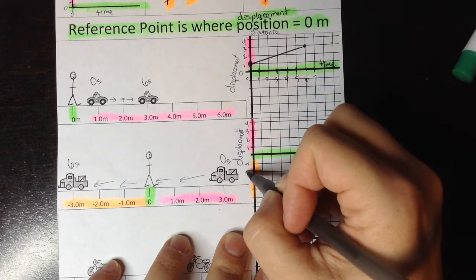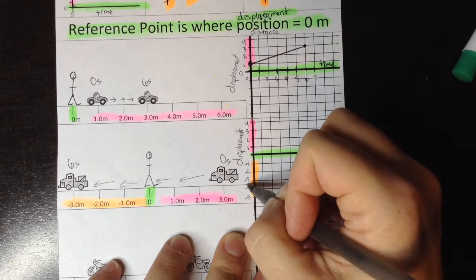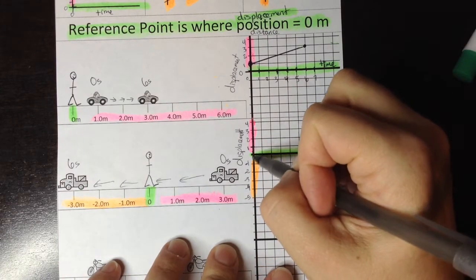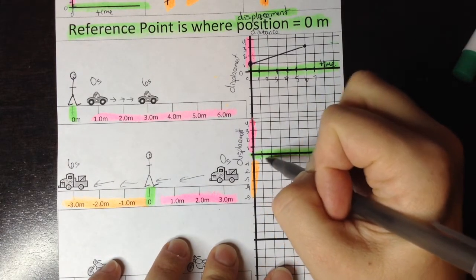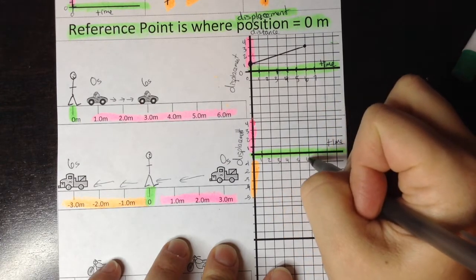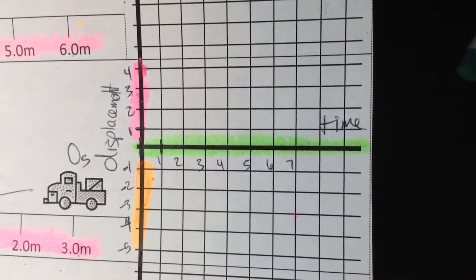Down, -1, -2, -3, -4, and -5. Okay? Time, where it intersects is 0. Then it's 1, 2, 3, 4, 5, 6, 7 seconds. Okay? Let me get you a close-up on that graph. Once it's all labeled, that's about what it should look like.